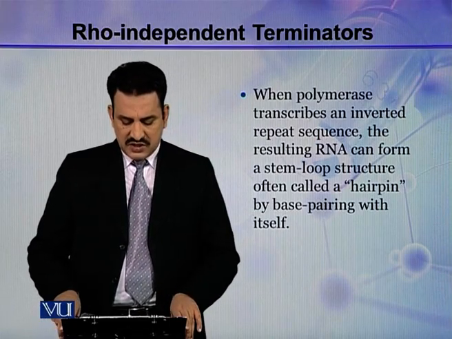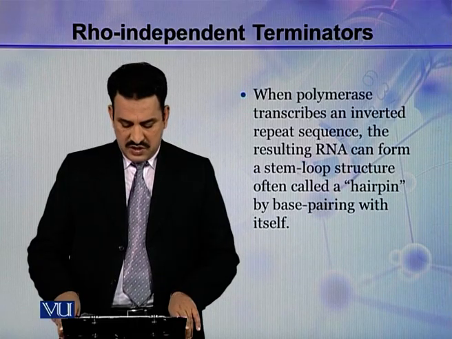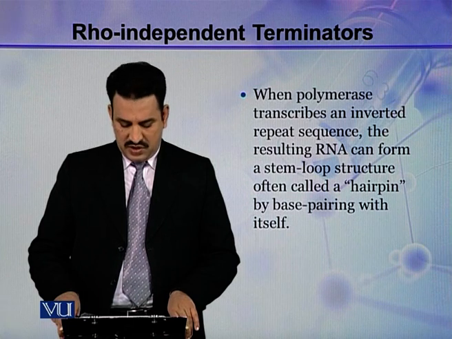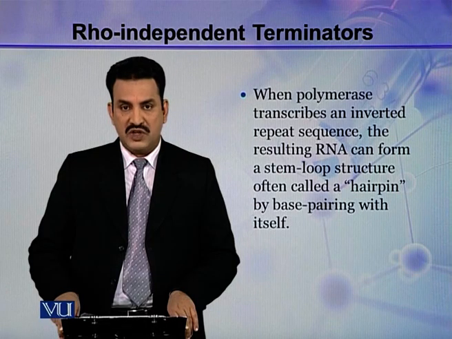When polymerase transcribes an inverted repeat sequence, the resulting RNA can form a stem loop structure, often called a hairpin, by base pairing with itself.